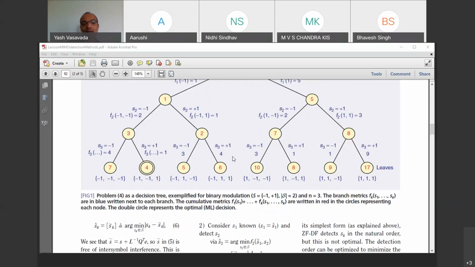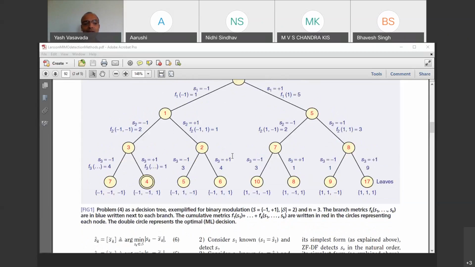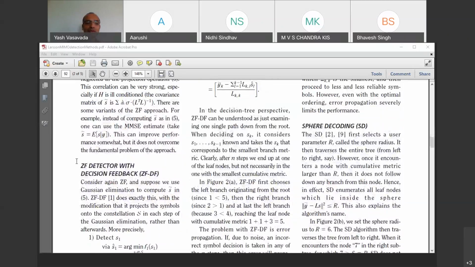So then the author says that, okay, well, before going to sphere decoding, the author talks about the decision feedback interference cancellation, which we already have studied.